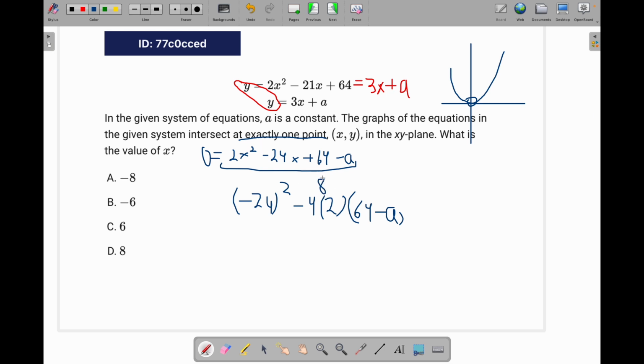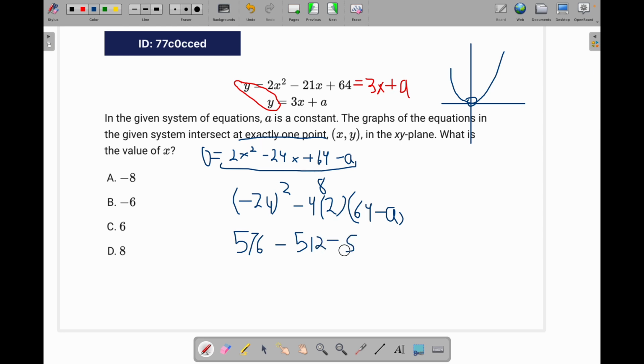So now let's just bring out our calculator. We're allowed to use a calculator, which is Desmos. 24 times 24. That is 576. And then negative 8 times 64 is negative 512. And then just minus 8a.